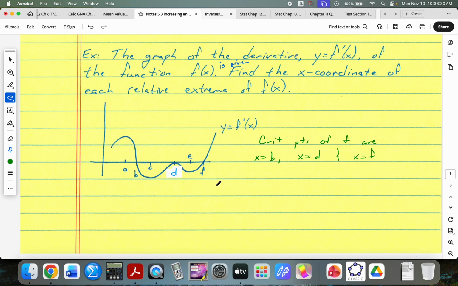So at x equals b, f prime changes from positive to negative. Which means that f changes from increasing to decreasing.